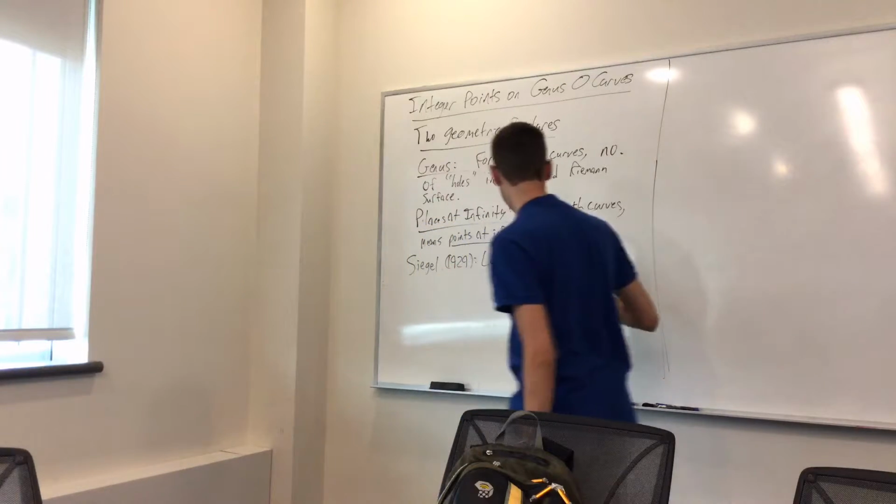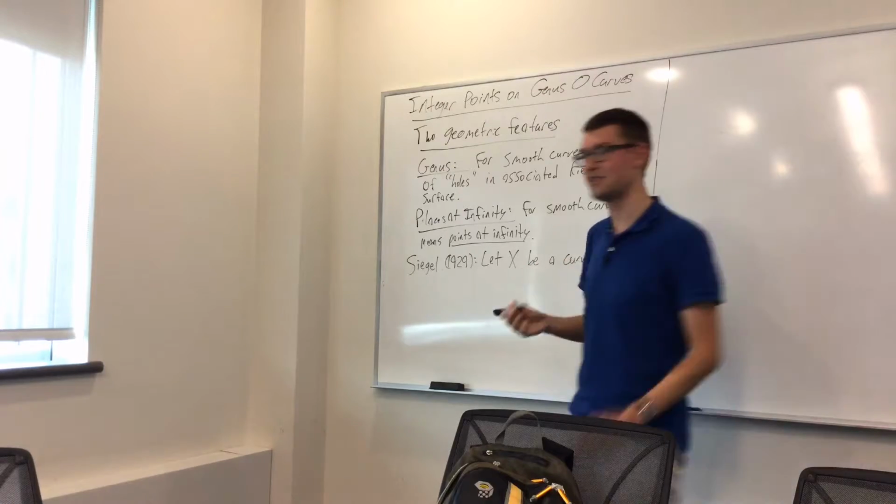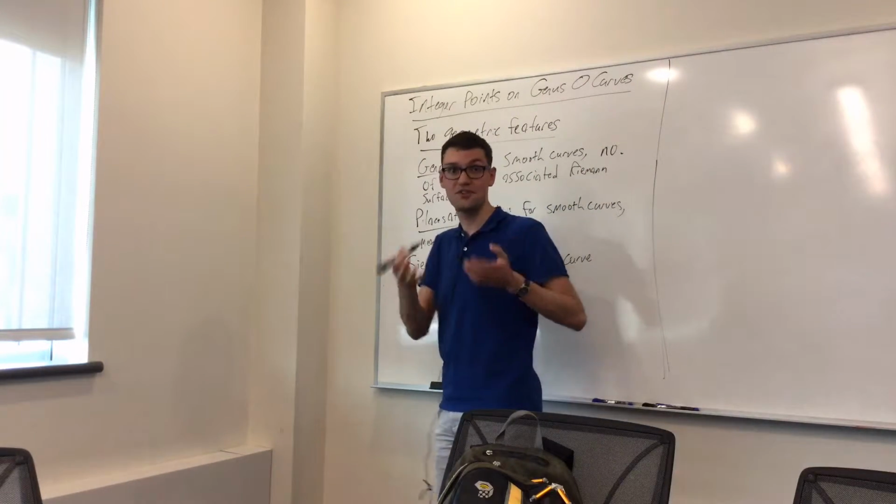So we're going to take a curve X, and it's defined over the rationals like everything else I'm going to talk about today. So the equation for the curve is defined over the rational numbers.